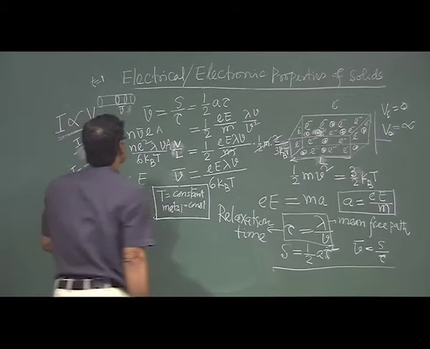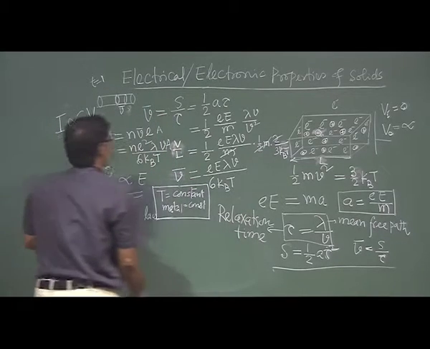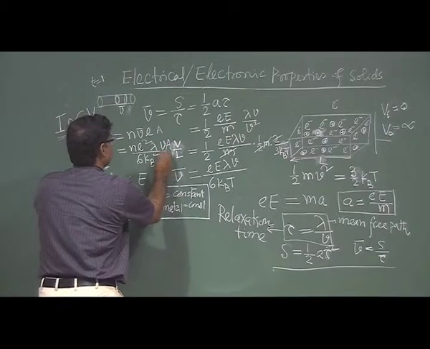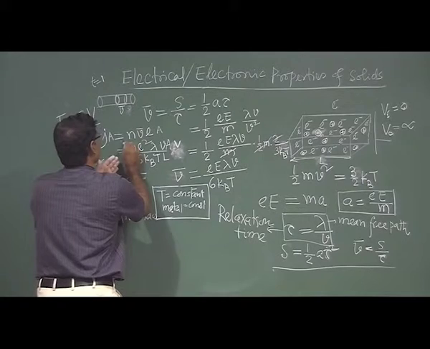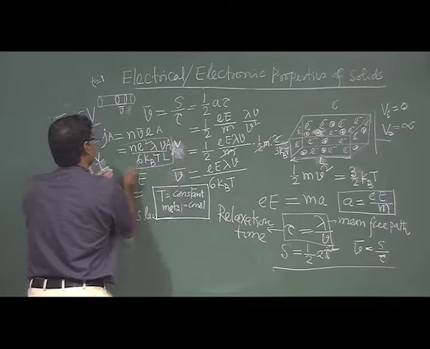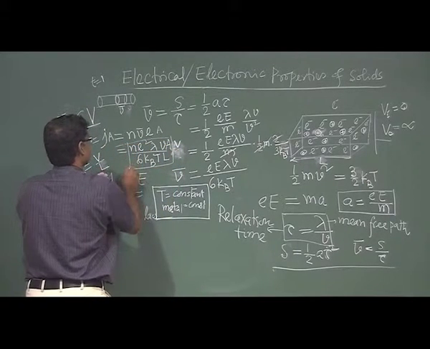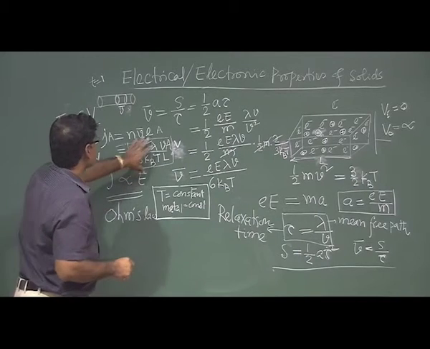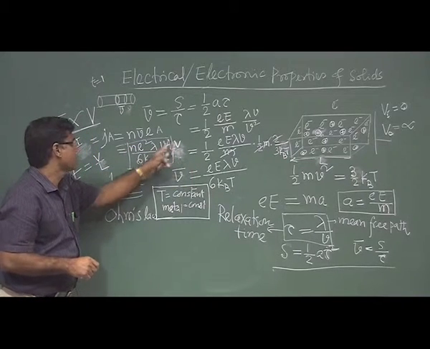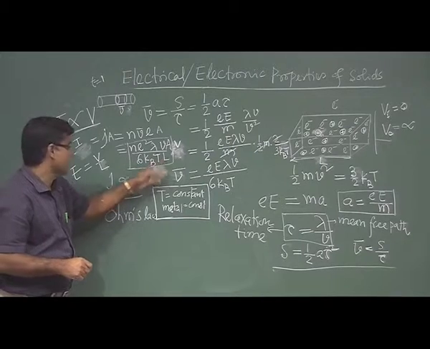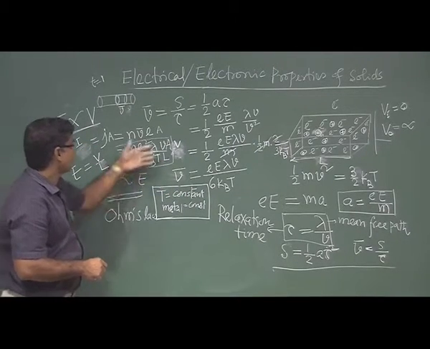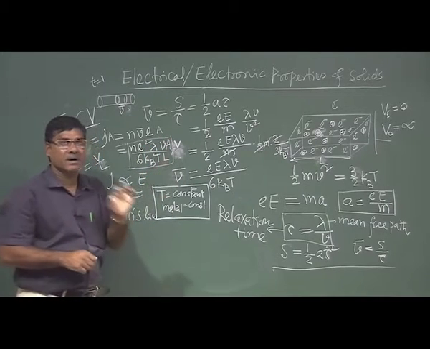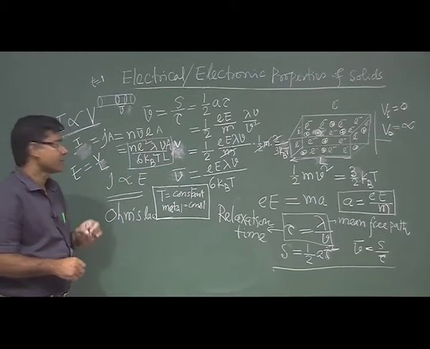Okay. So, then I can write L here. Now this will be constant, for a particular temperature, for a particular metal, and for a particular geometry of that metal.